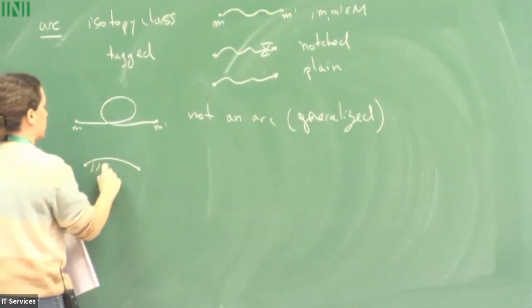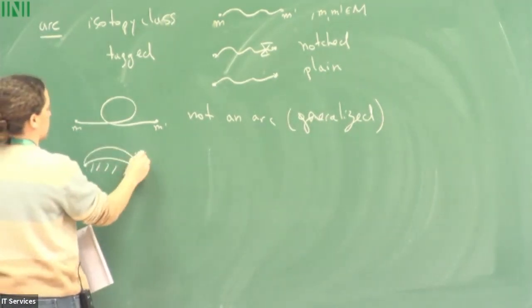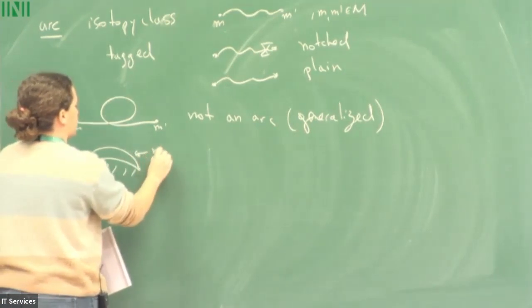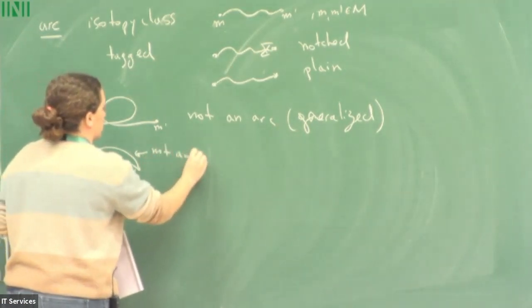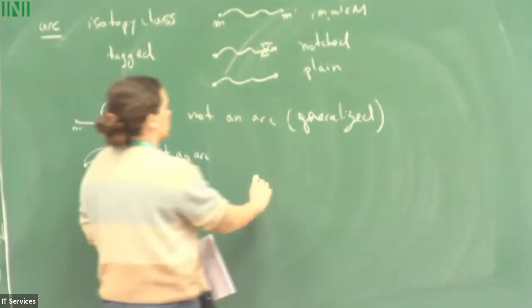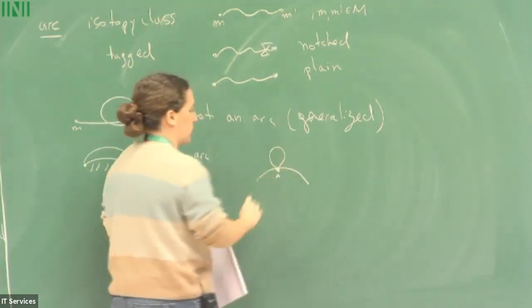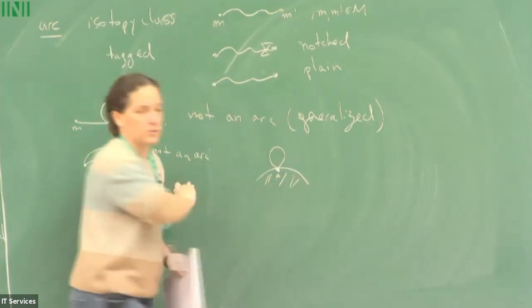You have a boundary, and you have this, but we don't consider this. But they may appear.